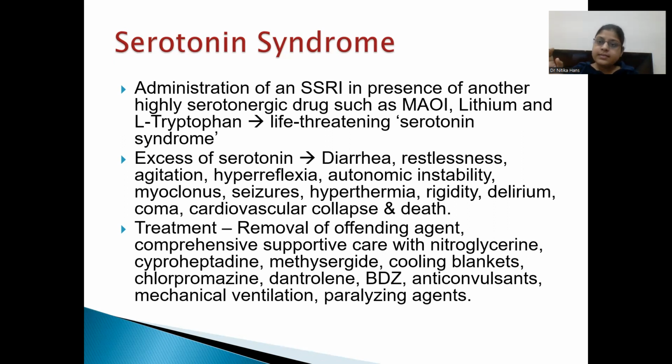To treat the seizures and myoclonus, we have benzodiazepines. To treat rigidity and hyperthermia, dantrolene, chlorpromazine, and anticonvulsants can be given, mechanical ventilation can be done, and paralyzing agents can be used. Cyproheptadine, a 5-HT2A antagonist, and methysergide, also a 5-HT2 antagonist, can be given to treat the symptoms of serotonin syndrome.